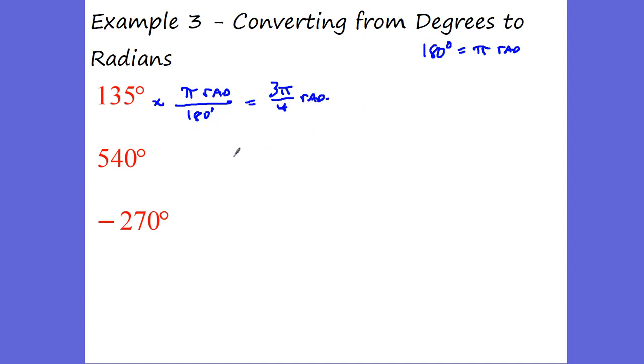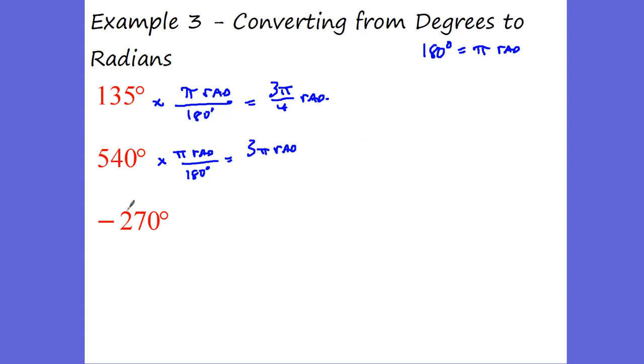Okay, so it's just like when we're doing dimensional analysis. Here again we're in degrees, so we're going to multiply by pi radians, divide by 180 degrees, and so we do 540 divided by 180, and we end up getting 3 pi radians. That's more than one full circle around, because remember, 2 pi radians is all the way around the circle. 3 pi radians would be 1.5 times around.